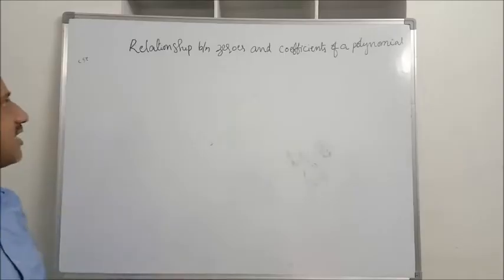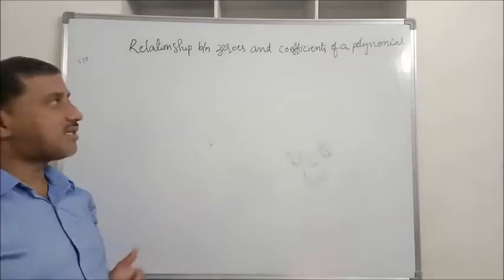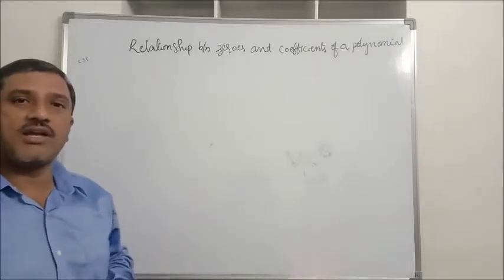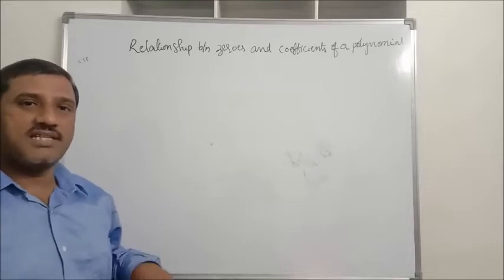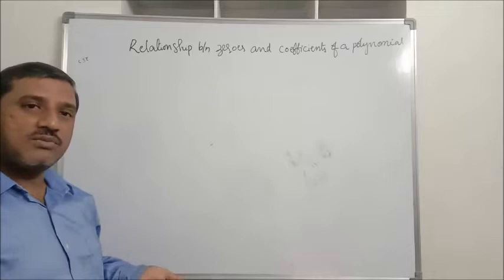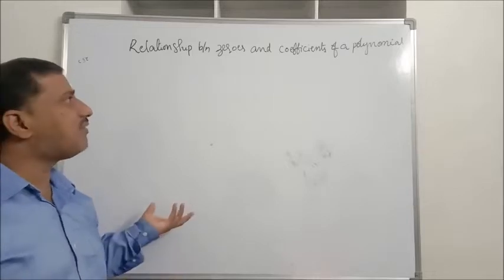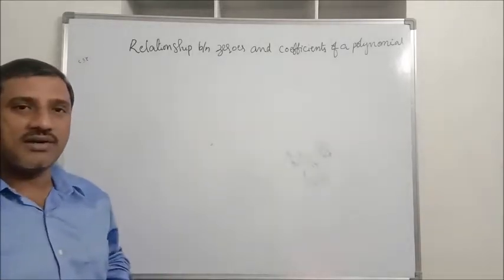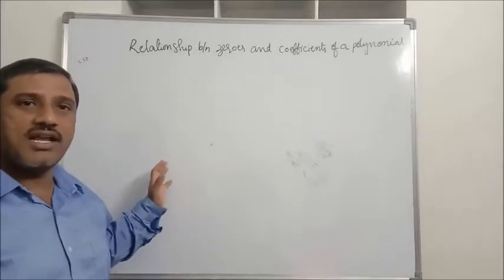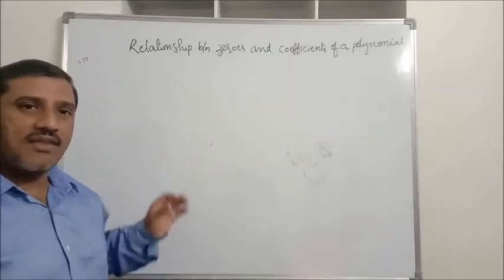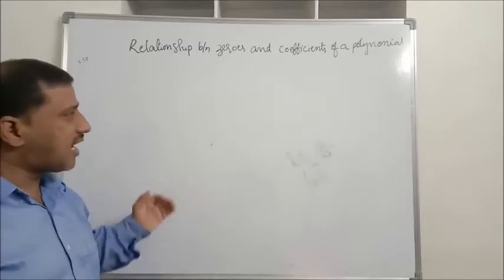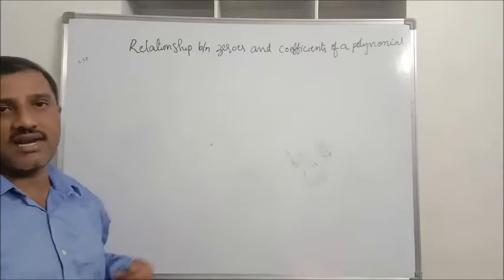In the last class we discussed the introduction of this polynomials chapter: degree of a polynomial, value of a polynomial, zero of a polynomial, and factors of polynomials, especially the geometrical meaning of zero of a polynomial. We also discussed the graphical representation of a linear polynomial and the graphical nature of the quadratic equation.